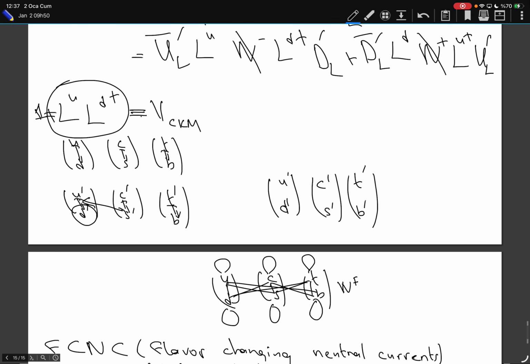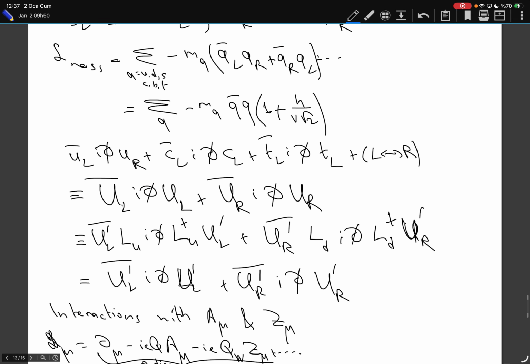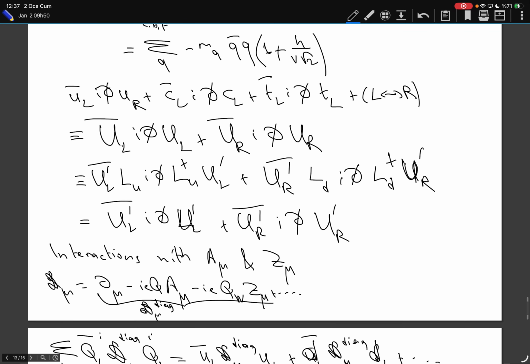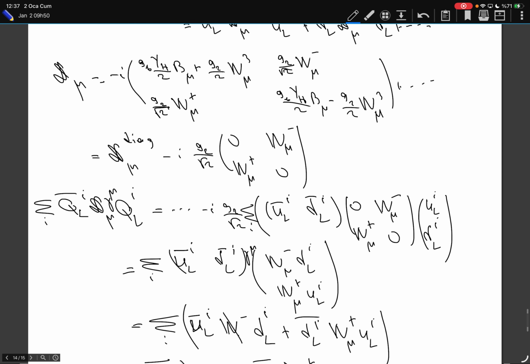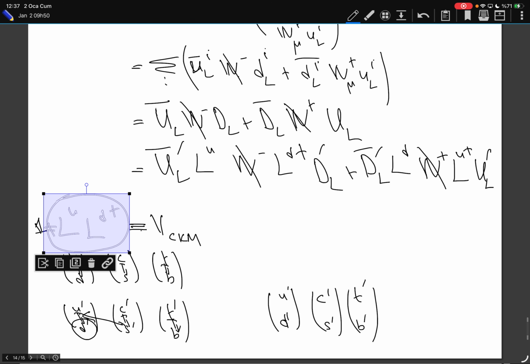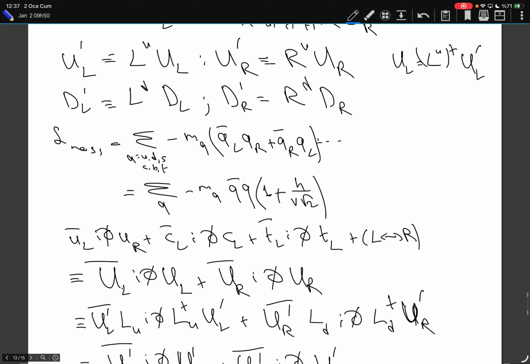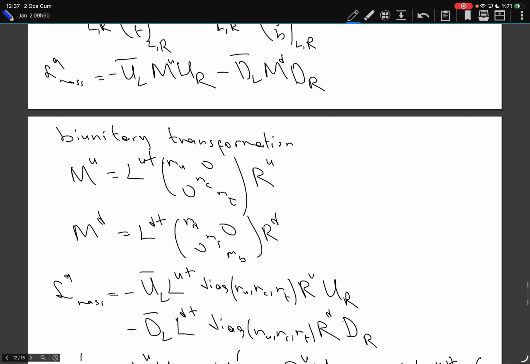Now, let me go back to these matrices. You see, here the problem was, when we went to the new basis, L_U and L_D, they are both unitary matrices, but they are not equal. And due to their differences, the CKM matrix is not identity. But what happens if, let's say, the D quarks were massless?